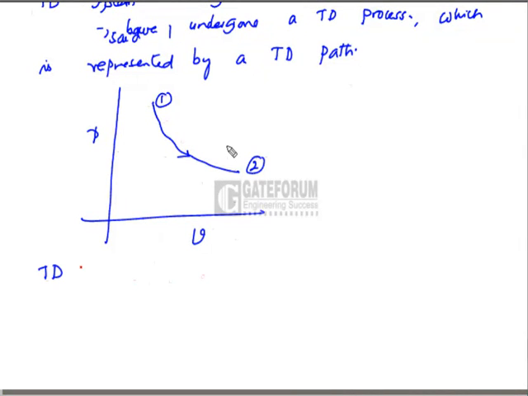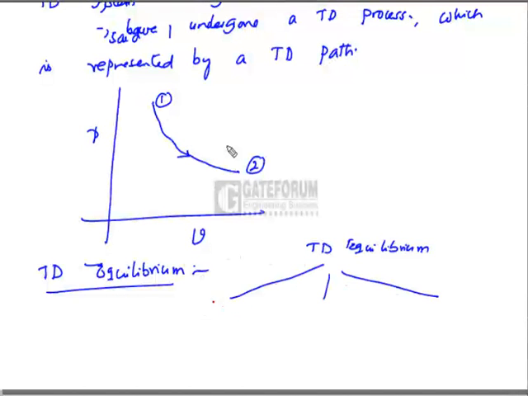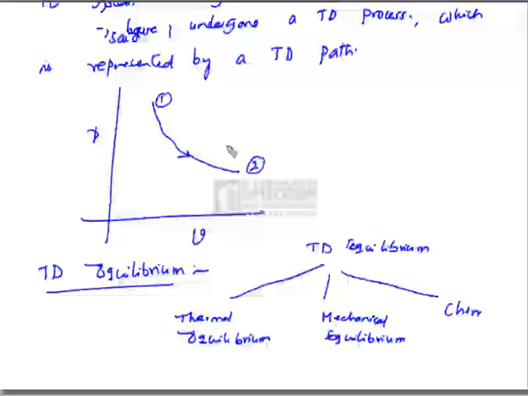Coming to thermodynamic equilibrium. A thermodynamic equilibrium could be broadly seen as a combination of three equilibriums, namely thermal equilibrium, mechanical equilibrium, and chemical equilibrium.